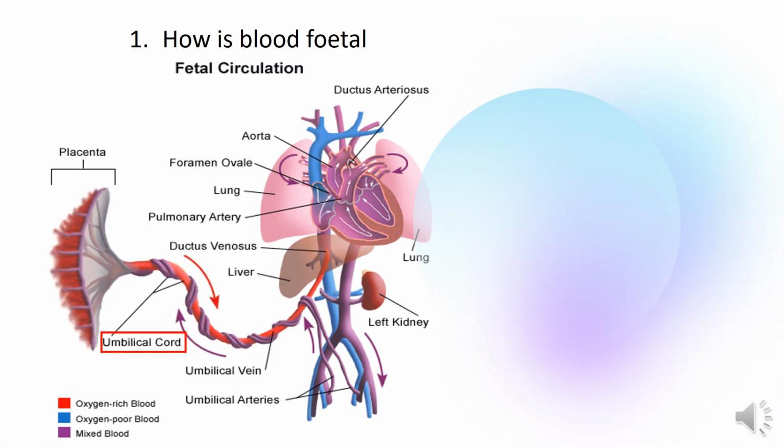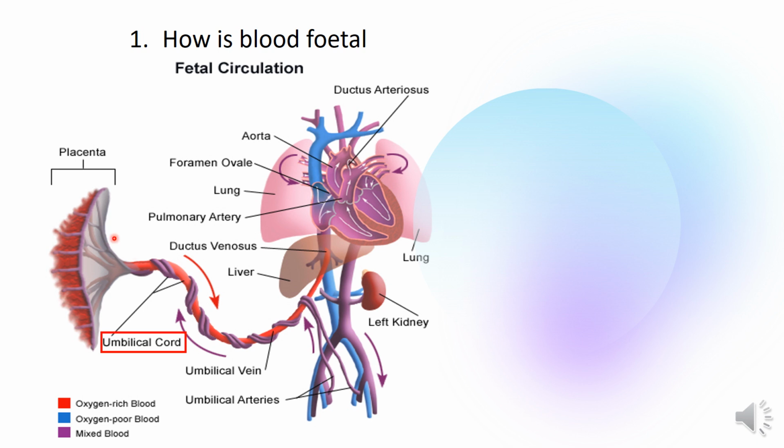How does the fetal circulation look like? So, as I mentioned in the previous slide, the gas exchange usually occurs in the placenta, an organ that is located in the maternal uterine wall.